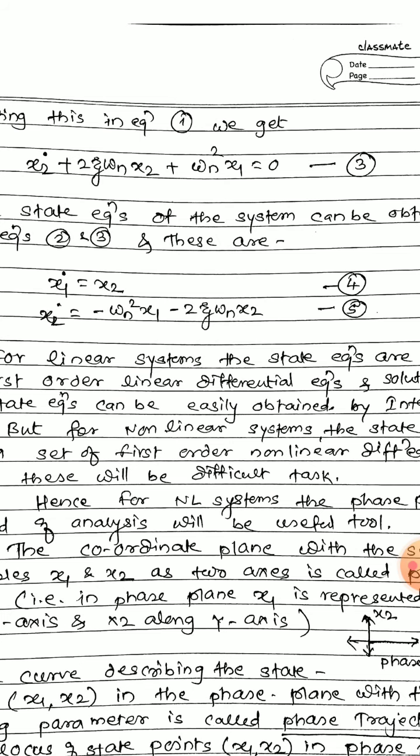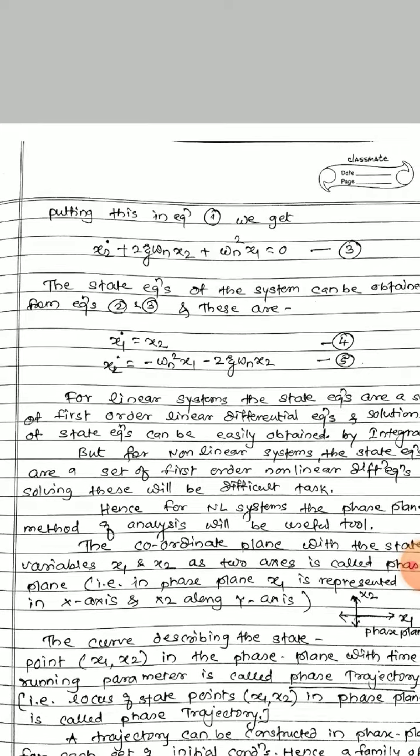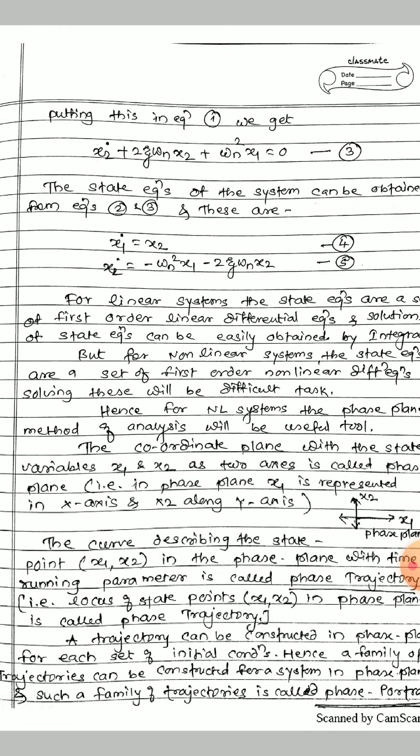The state equations of the system can be obtained from equations 2 and 3, and these are x1 dot is equal to x2 and x2 dot is equal to minus omega n square x1 minus 2 zeta omega n x2. So for linear systems, the state equations are a set of first order linear differential equations, and solutions of state equations can be easily obtained by integration.